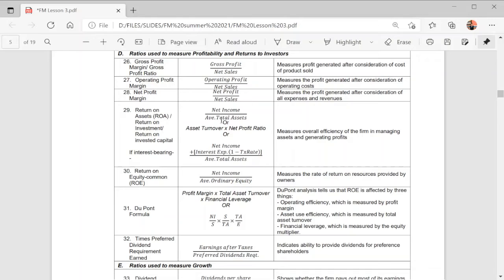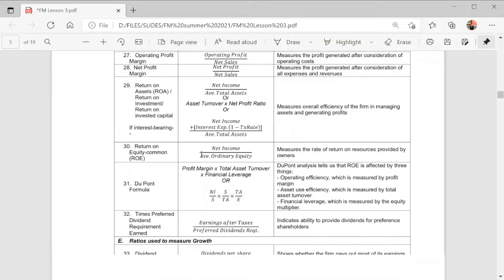Another formula, aside from net income over average total assets, is asset turnover times net profit ratio. Again, you will still arrive at the same answer. And if there is an interest-bearing note, there is an alternative formula: net income plus interest expense times 1 minus tax rate over average total assets.